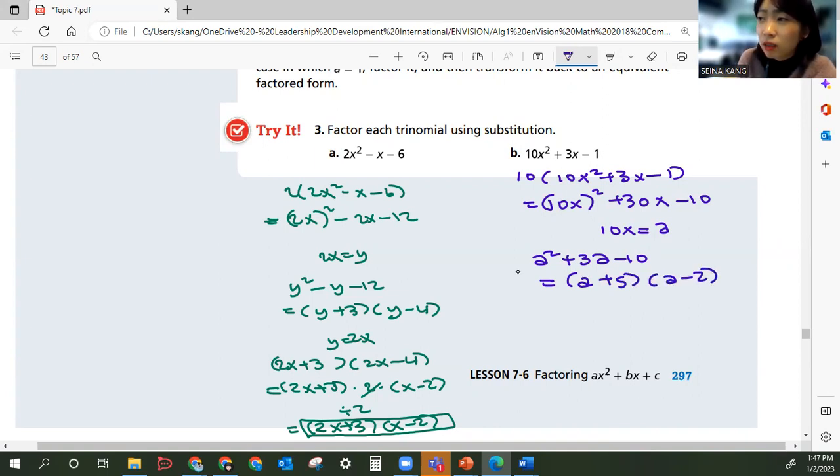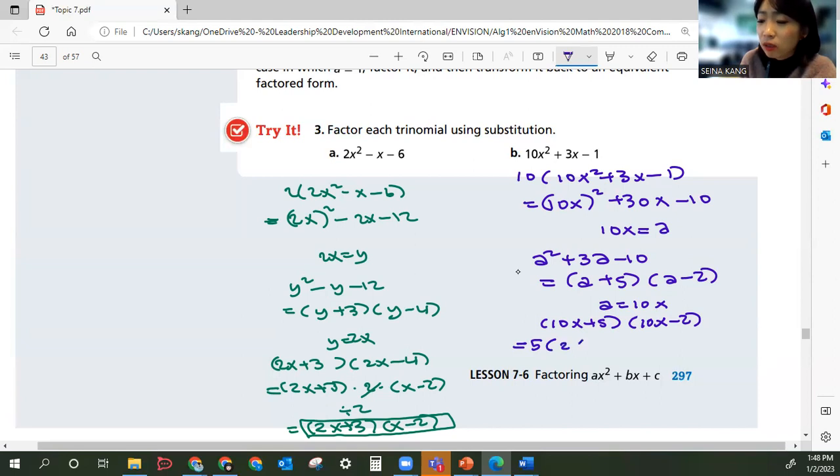And then you substitute it back. a was equal to 10x, right? So that's equal to 10x plus 5 instead of a plus 5, and 10x minus 2. And then you have to divide it by 10. So figure out the greatest common factor. It turns out that you have a 5 for GCF for your first term.